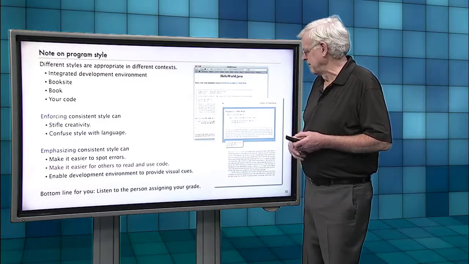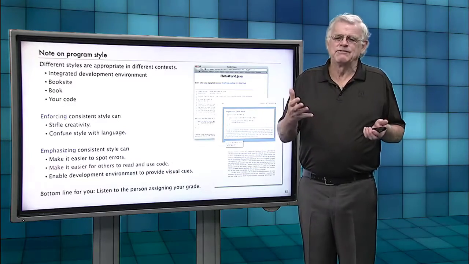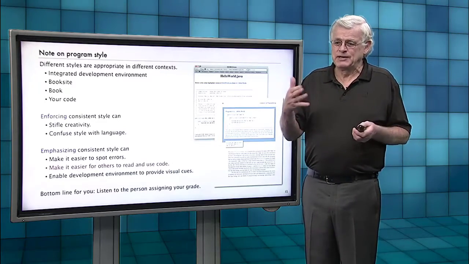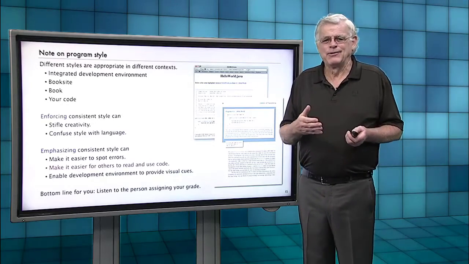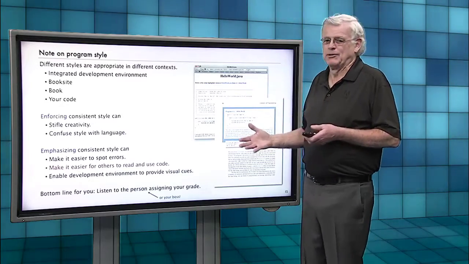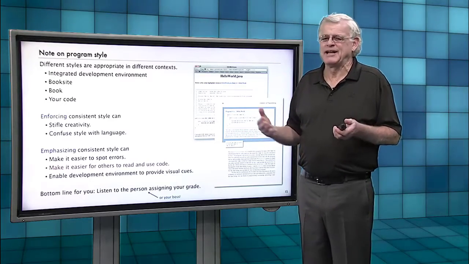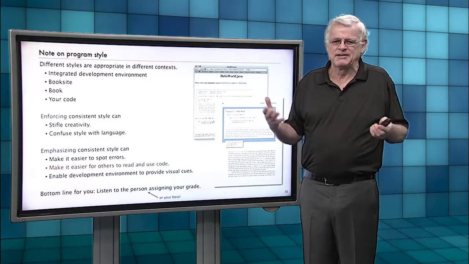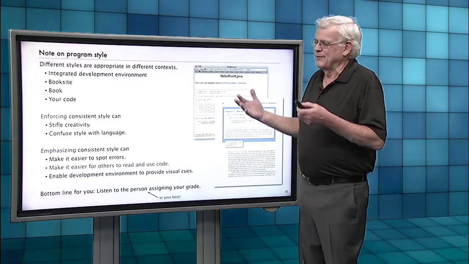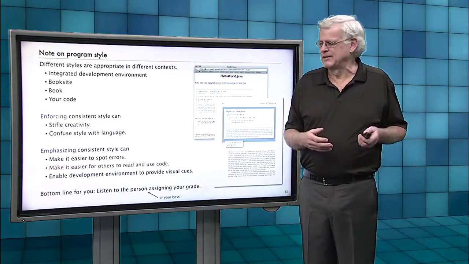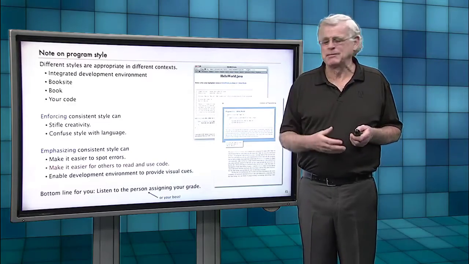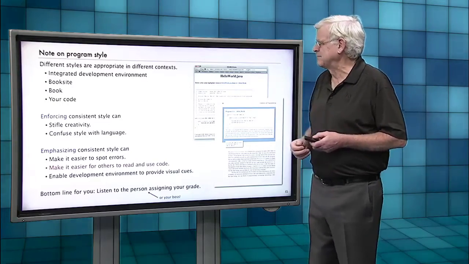That's another reason. So usually for a student, what we say is listen to the person that's assigning your grade. Or if you're at work, maybe your boss. If there's somebody that wants a style, then you pay attention to that style. Otherwise, my advice is to at least put a little creativity into it and put your own stamp on your programming style.